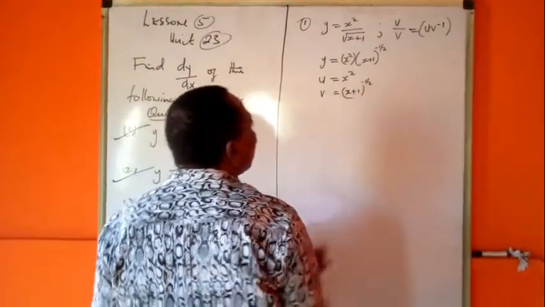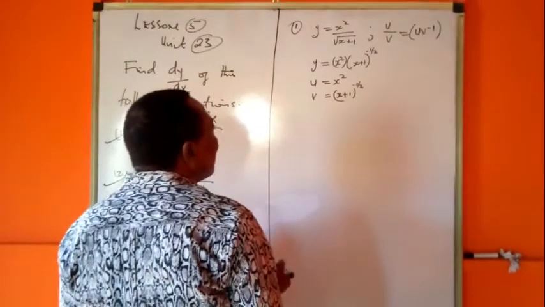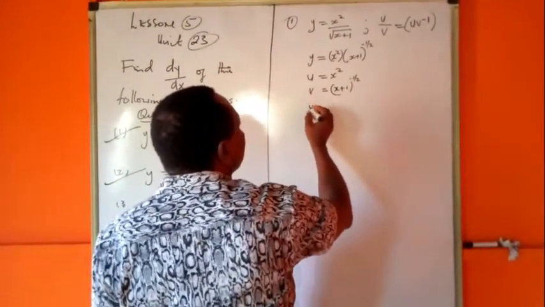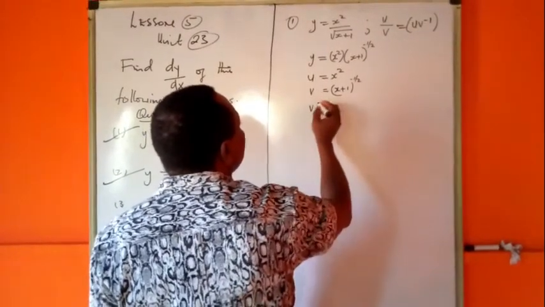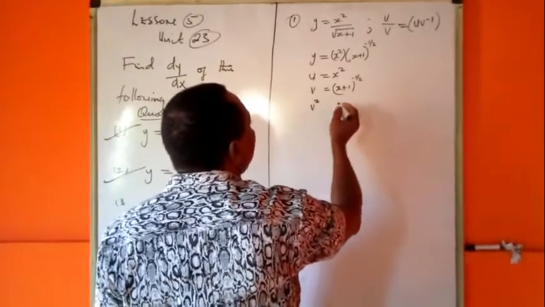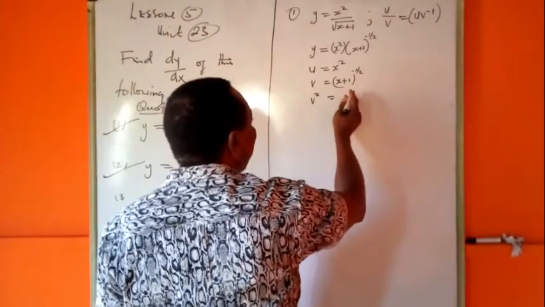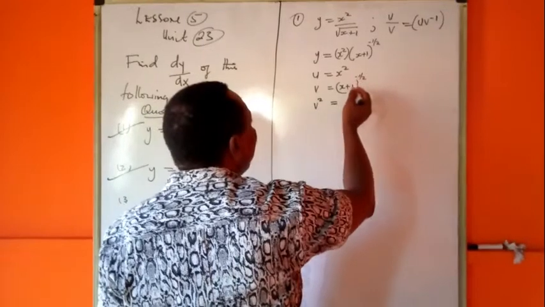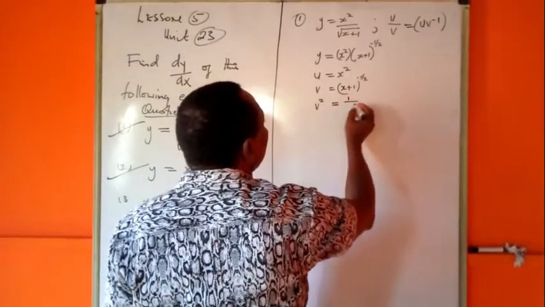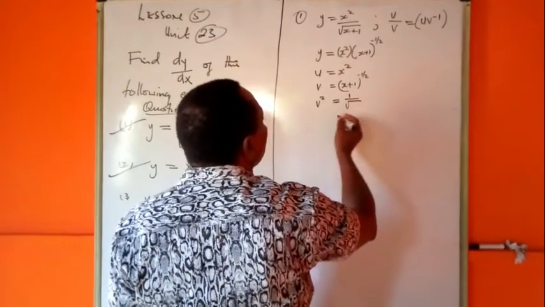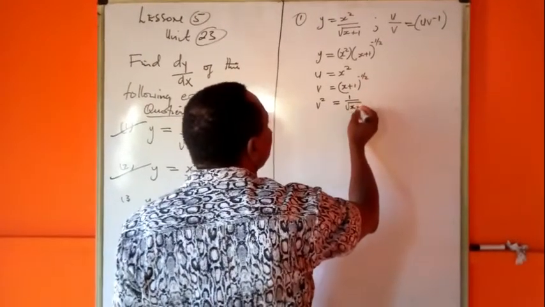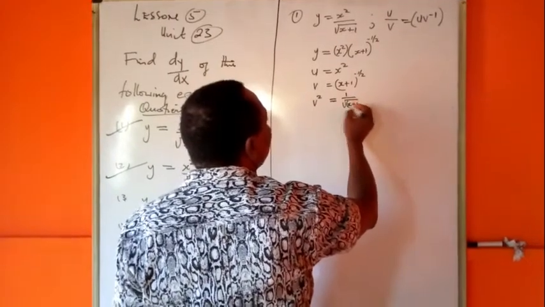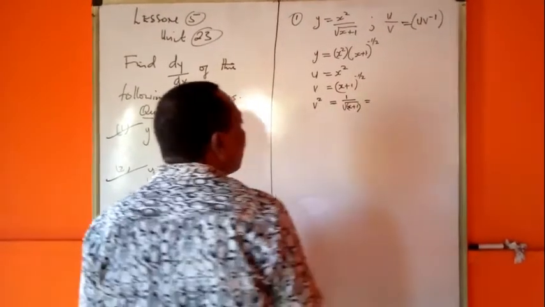Then we can also say what is our v squared. For you to get v squared, you can translate this one back. What you have there is 1 all over the root of x plus 1.